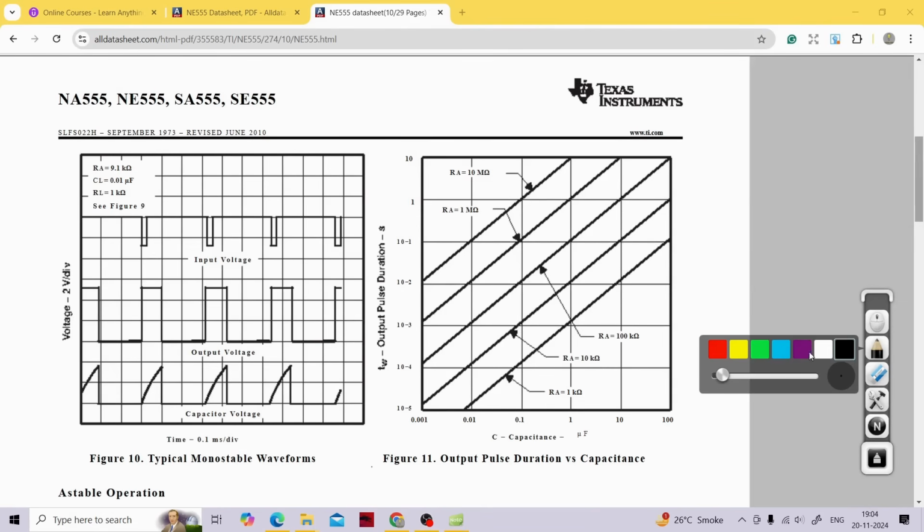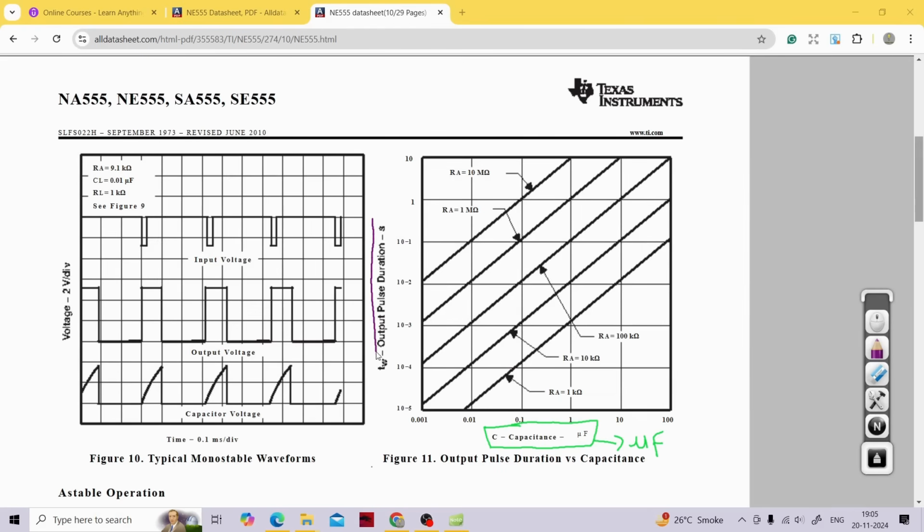It is a plot between capacitance, on the x-axis in microfarad, and the output pulse duration, on the y-axis in seconds.